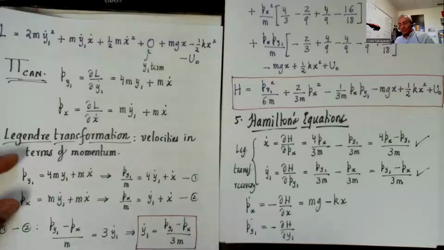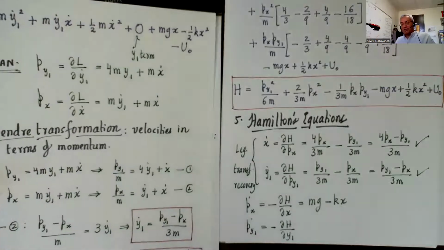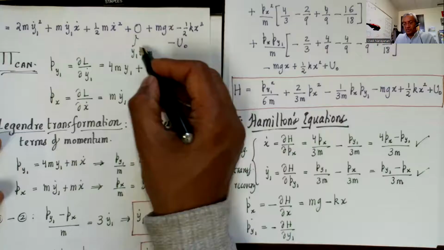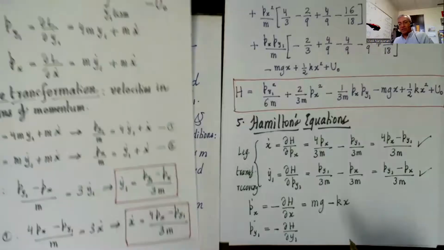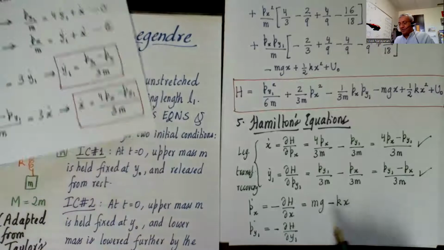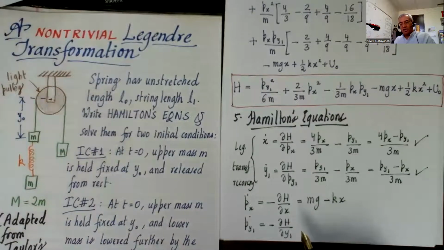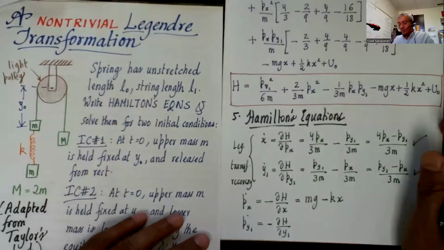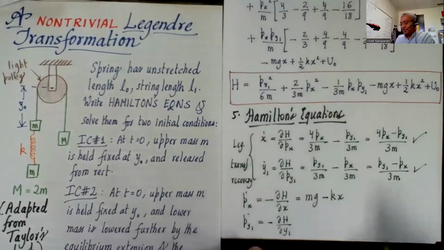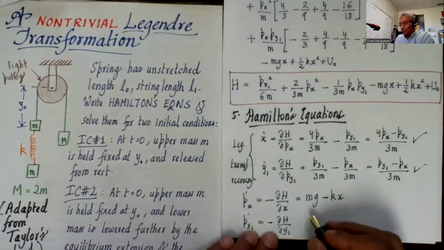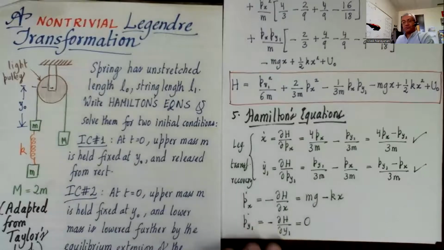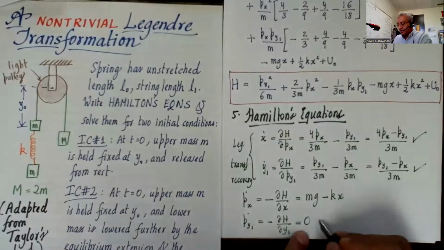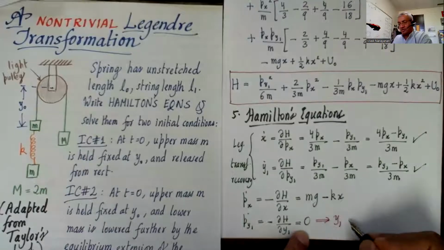So the Lagrangian does not depend on any Y1 coordinate. That's a Y1 term, not Y1 dot, just a Y1 term. So because you don't have any dependence on Y1, these are called cyclic coordinates. And so the corresponding momentum is conserved, because when you have the rate of change of momentum equals 0, that means the momentum is conserved. So that's why we say that Y1 is a cyclic coordinate.